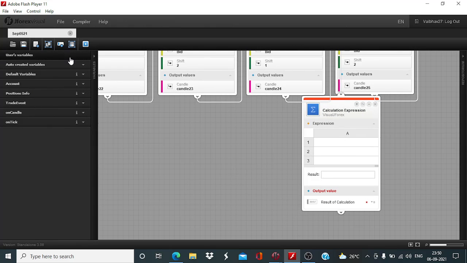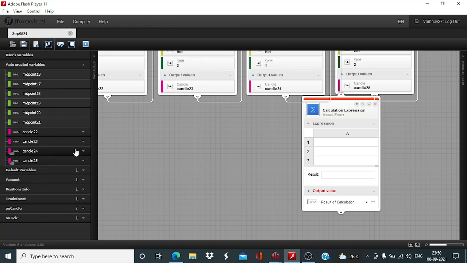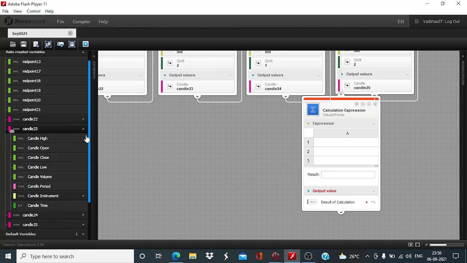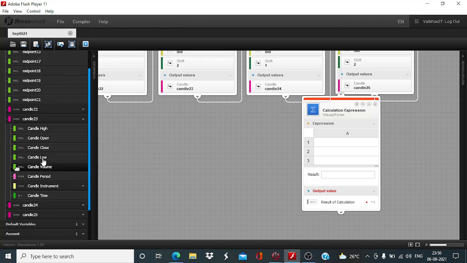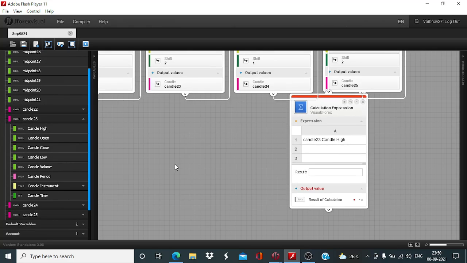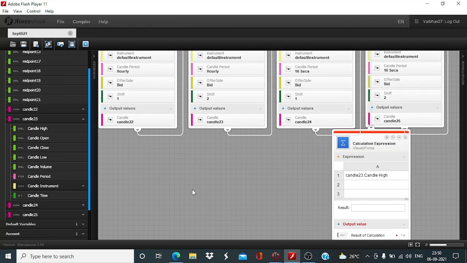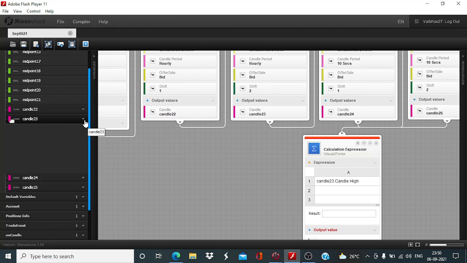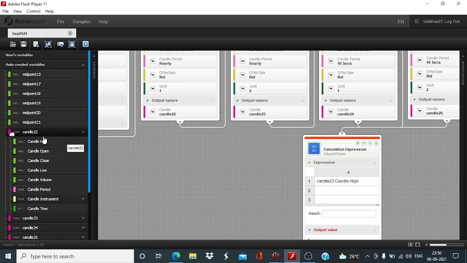You can retrieve this variable from auto created variables. Here it is. Candle 23 candle high and the closing value of candle 22nd.